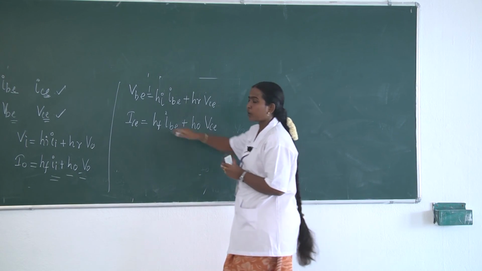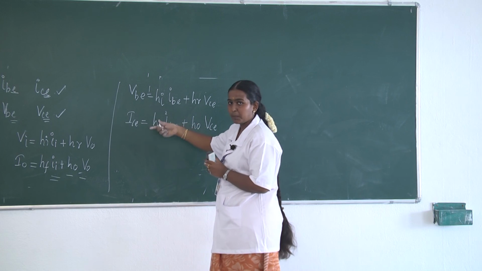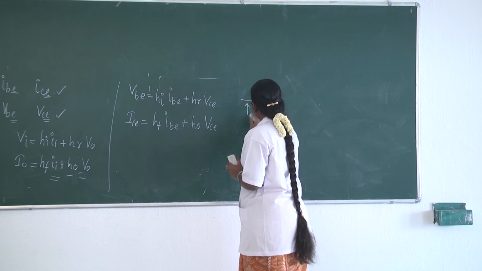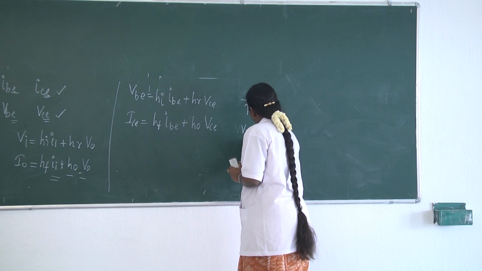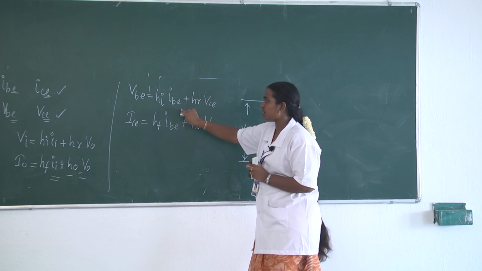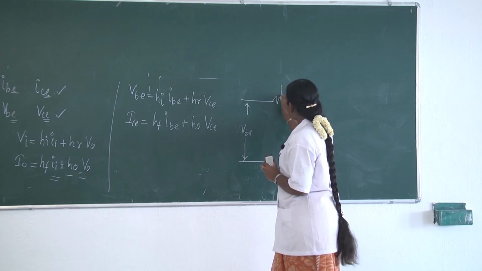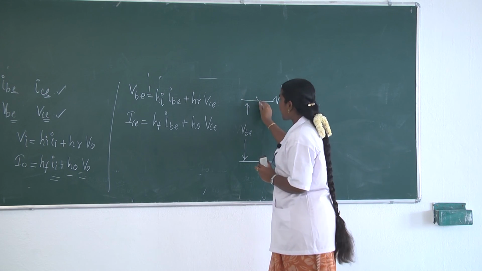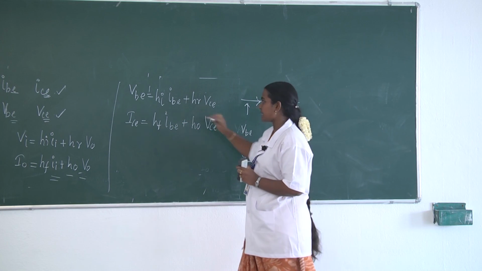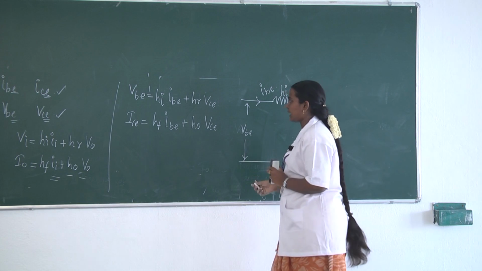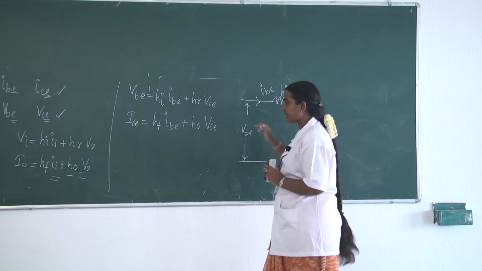So we know that we are going to apply a VBE between the base and the emitter. So we can draw it like this. Next we have a resistance, which we will term as hi, and we know that the input current is IBE. So we are writing it as IBE, and after that we have the voltage generator.